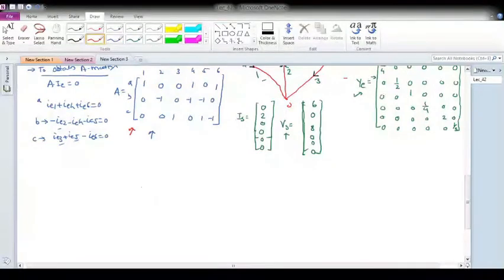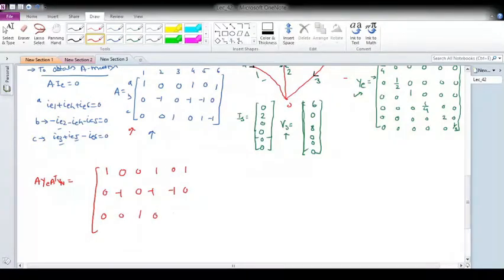So let me calculate A Y A transpose Vn. A is 1 0 0 1 0 1, then 0 minus 1 0 minus 1 minus 1 0, then the third row is 0 0 1 0 1 minus 1.